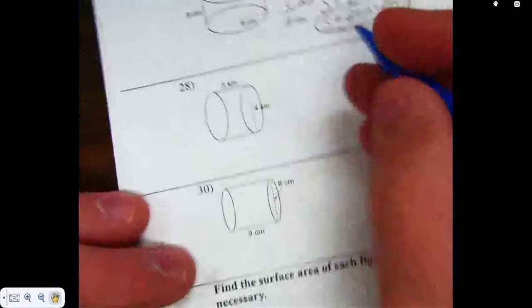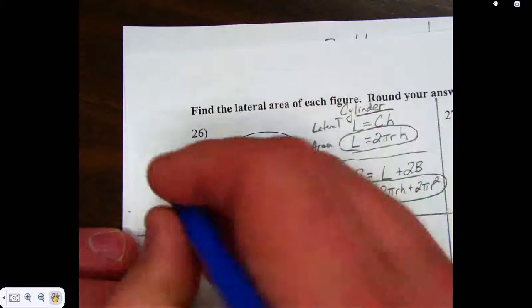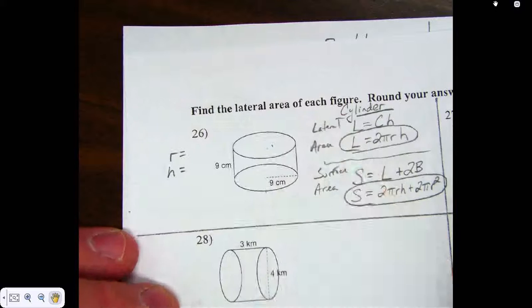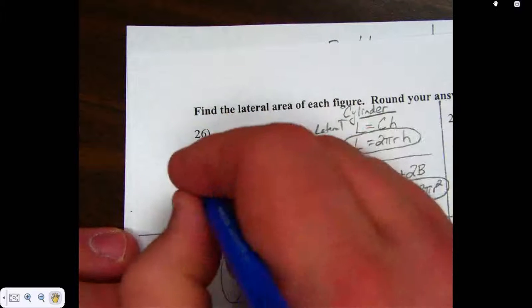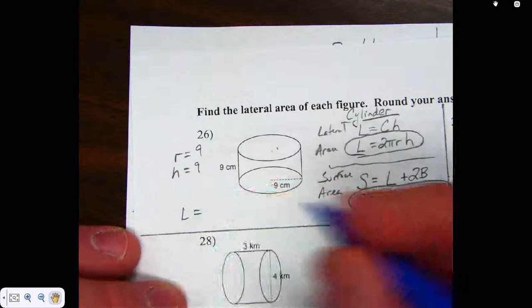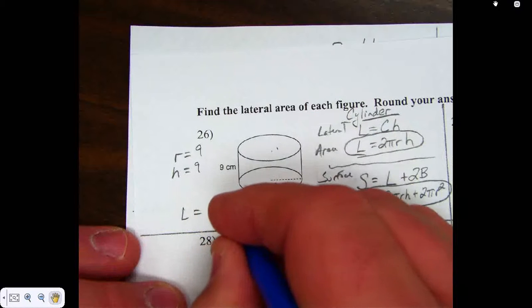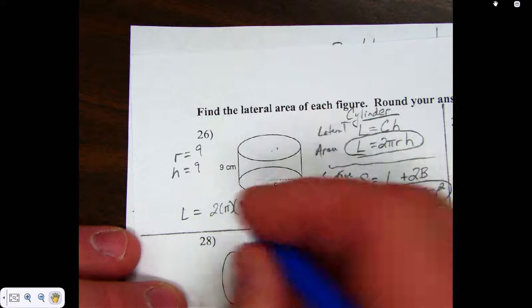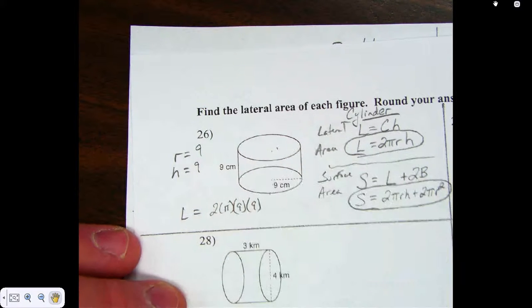And then here, all you need to find on this is R and what? H. Our radius here is 9. Our height is 9. So to find the lateral area, we're just going to put 2 times pi times r, which is 9, times the height, which is also 9.